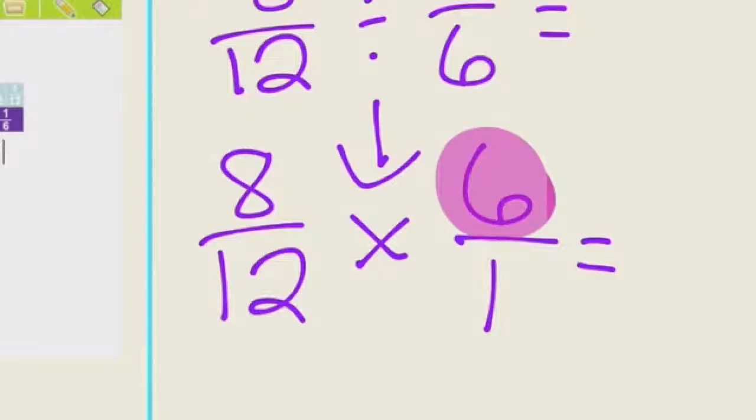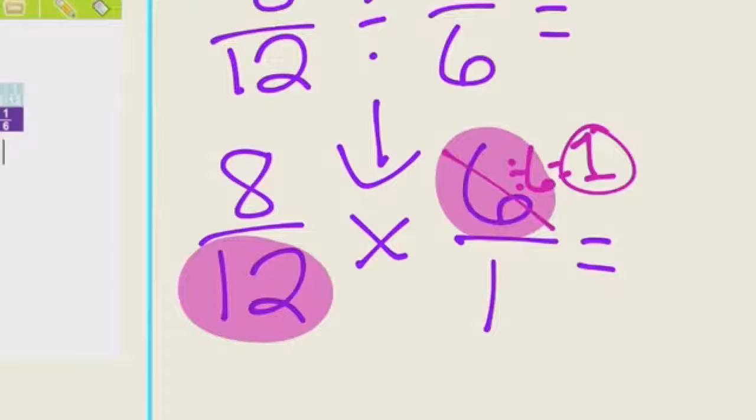And I see a number on the top and the bottom with a common factor of 6. Do you see them? That's right. 6 and 12 both have a common factor of 6. So if I divide them both by 6, 6 divided by 6 is 1. And 12 divided by 6 is 2. So I'm going to cross off my 6 and 12 and circle my new numbers, which are 1 and 2.